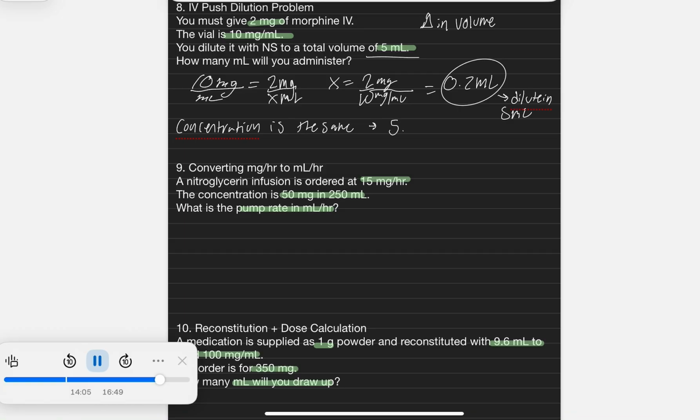Because we are diluting that 2 milligrams into the 5 mLs. So we're pushing 5 mLs because we have diluted those 2 milligrams in that 5. We just know that we added an extra 0.2 mLs to that 5 milliliters. Hopefully that makes sense. Okay.